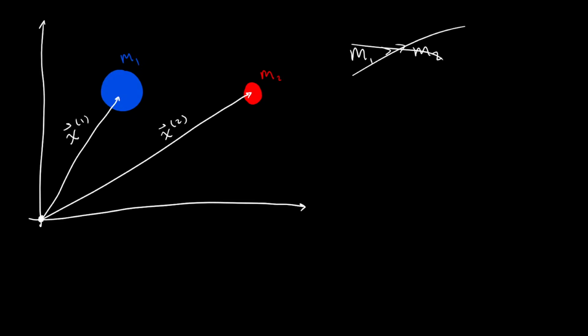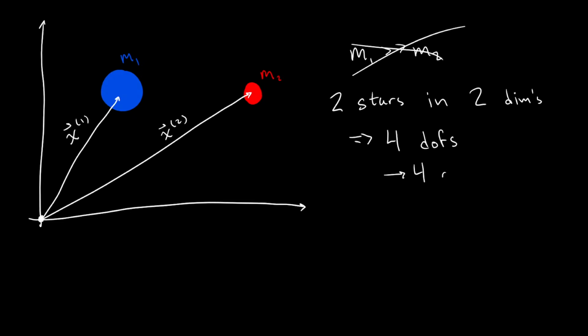Now, if I put in a third planet, I couldn't say that. I of course couldn't say that this is in just 2 dimensions, but for right now, we're just concerned with the 2 stars, so we're going to restrict ourselves to 2 dimensions. So we have 2 stars in 2 dimensions, which tells us we have 4 degrees of freedom, and we need 4 coordinates.